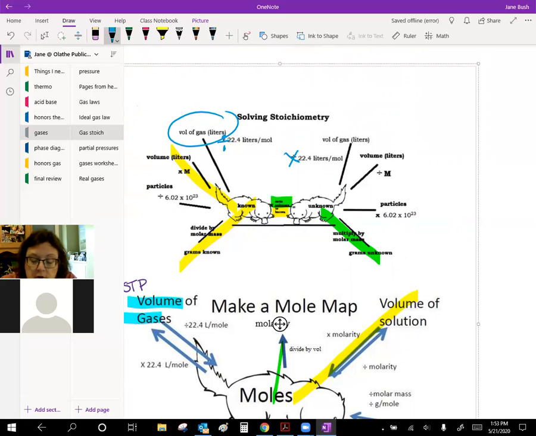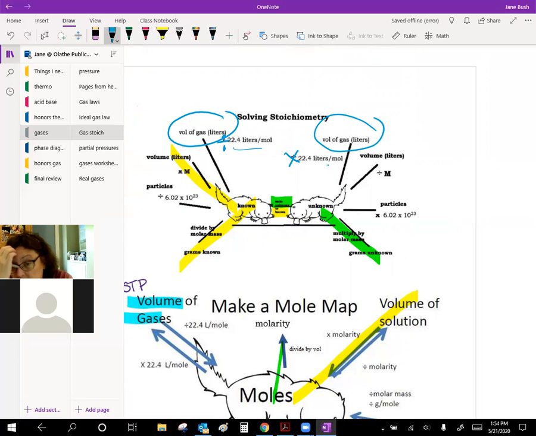So you can take volume divided by 22.4 liters per mole. But look what happens on the other side when you're going back to volume. You multiply by 22.4 liters per mole. So only when you're working with volumes of gases, as long as pressure is staying the same on both sides, temperature is the same on both sides, you actually can just go straight into the mole ratio. You don't have to convert.